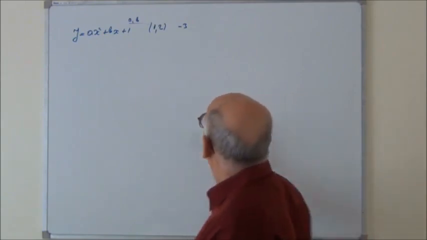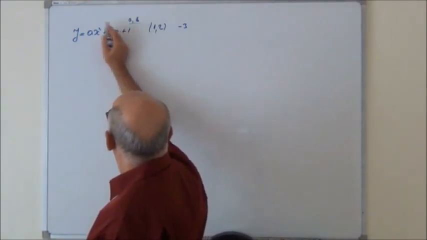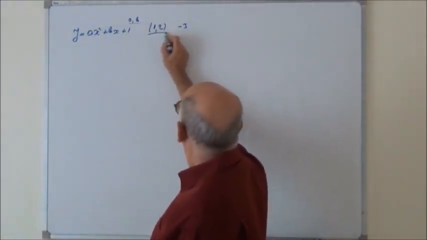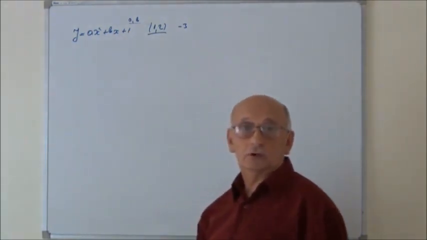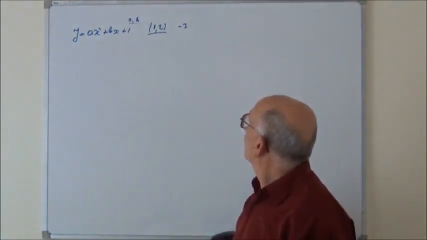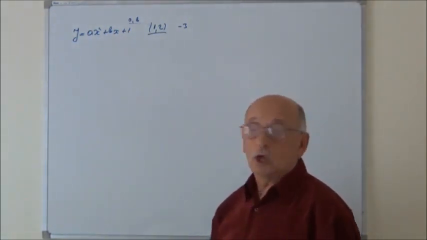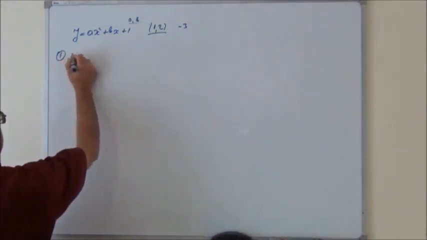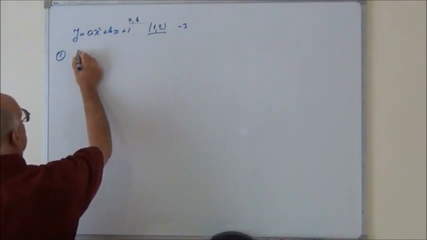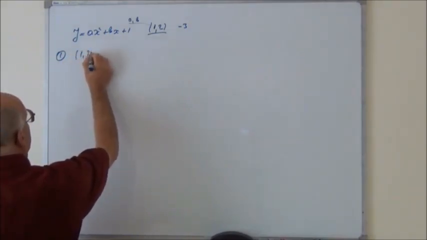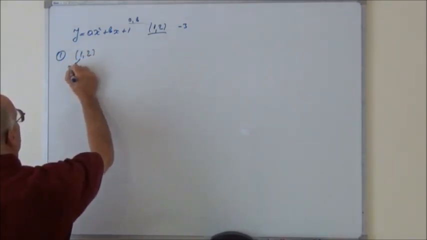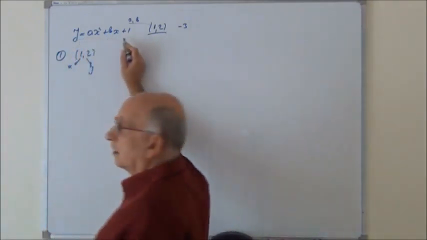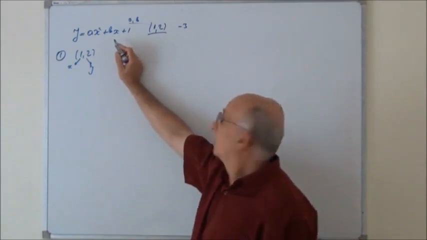Of course, what do we know? We have a parabola, and we have one point on that parabola given by coordinates x is 1 and y is 2. The first equation we can write by substituting coordinates 1 and 2 for x and y in the equation of the parabola.